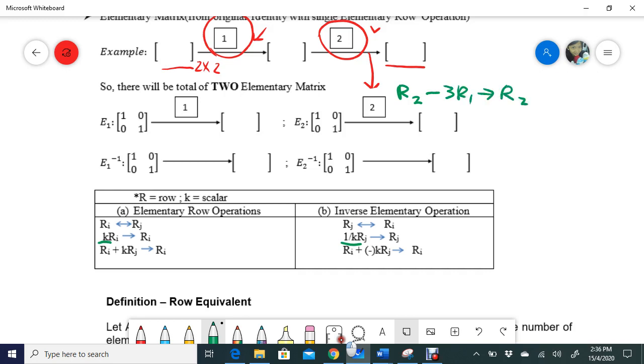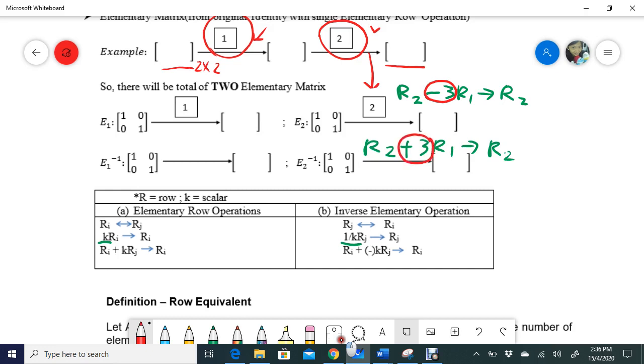Your inverse elementary row operation will be R2 plus 3R1 goes to R2, because this is negative 3, that's why you have plus 3.